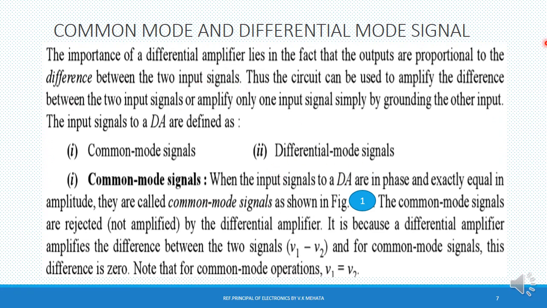Thus, the circuit can be used to amplify the difference between two input signals or amplify only one input signal simply by grounding the other input.